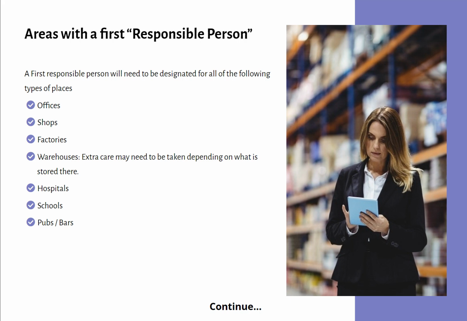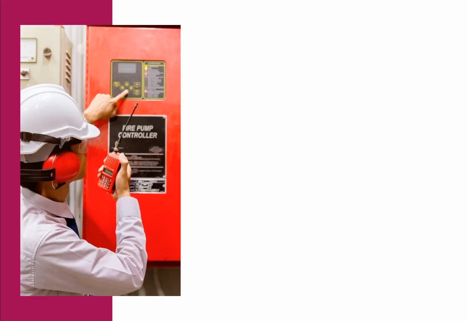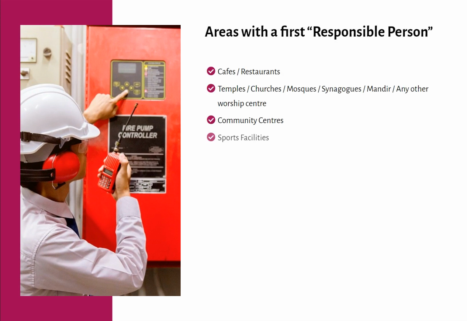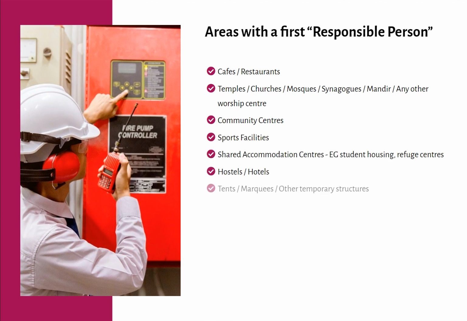Extra care may need to be taken depending on what is stored there: hospitals, schools, pubs or bars, cafes or restaurants, temples, churches, mosques, synagogues, mandir or any other worship center, community centers, sports facilities, shared accommodation centers, for example student housing, refuge centers, hostels or hotels, tents, marquees or other temporary structures, rented properties.